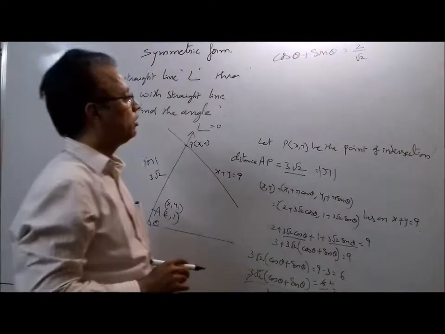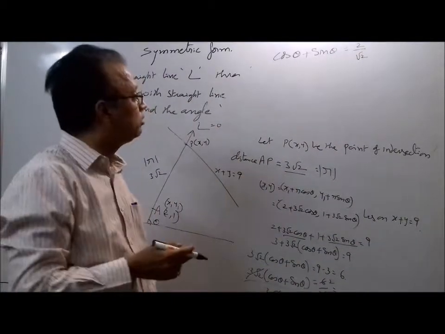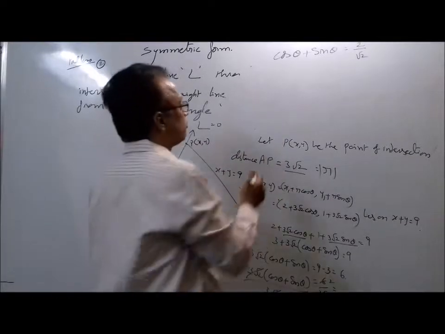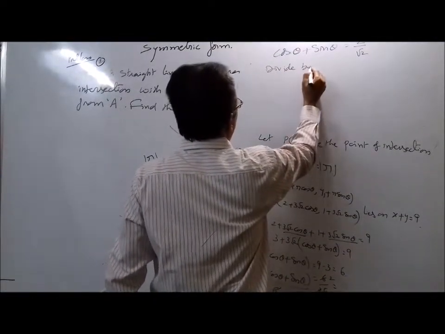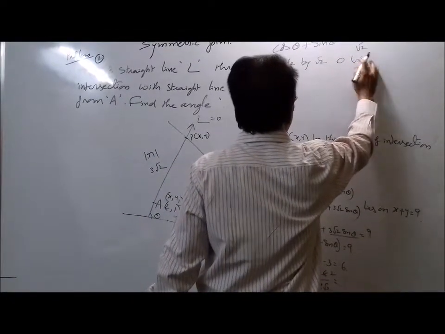Now, this cos theta plus sin theta I convert by dividing by root 2 on both sides.